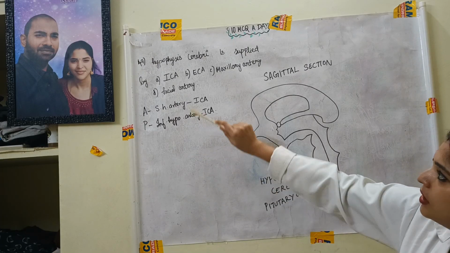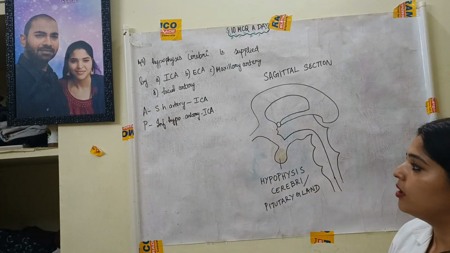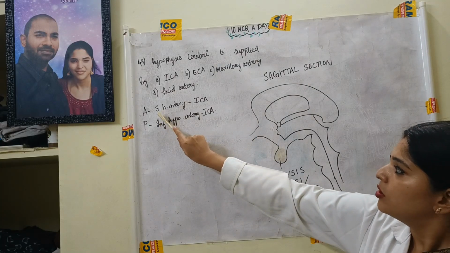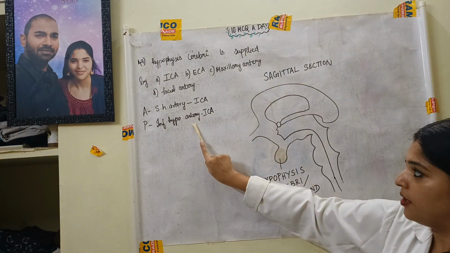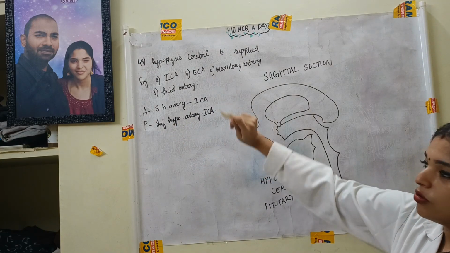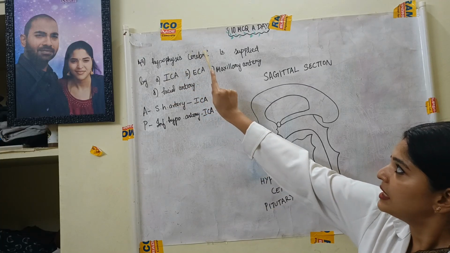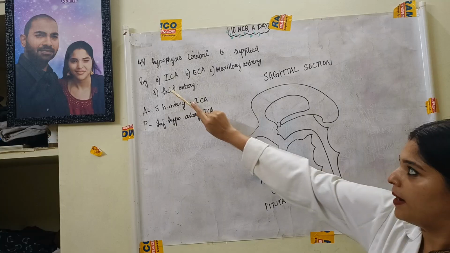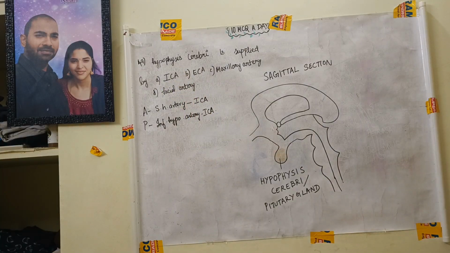Actually, the hypophysis cerebri is supplied by two arteries. They are the superior hypophyseal artery and inferior hypophyseal artery. They both arise from the internal carotid artery. So the correct answer is option A, internal carotid artery.